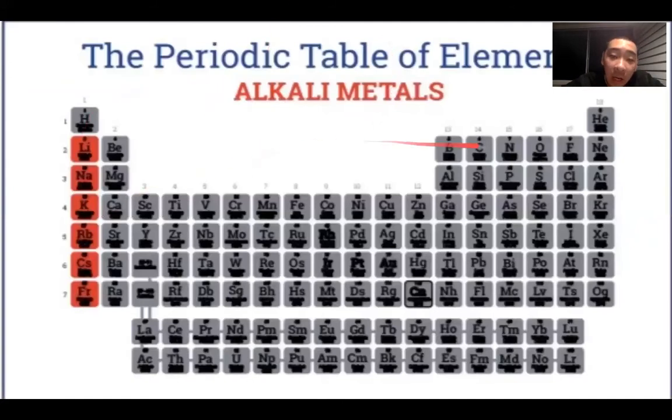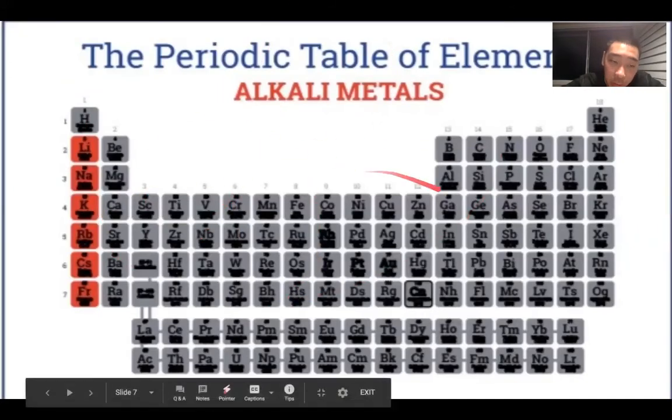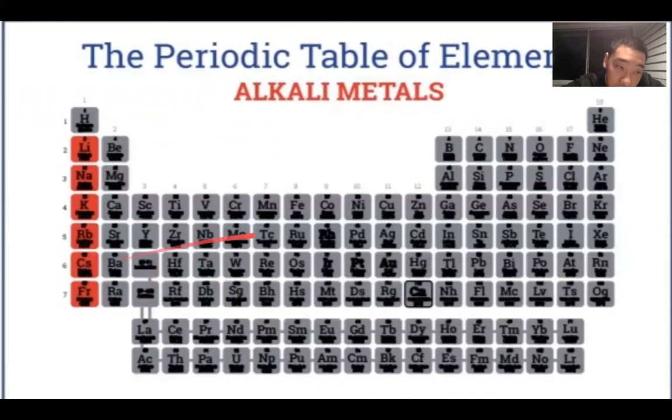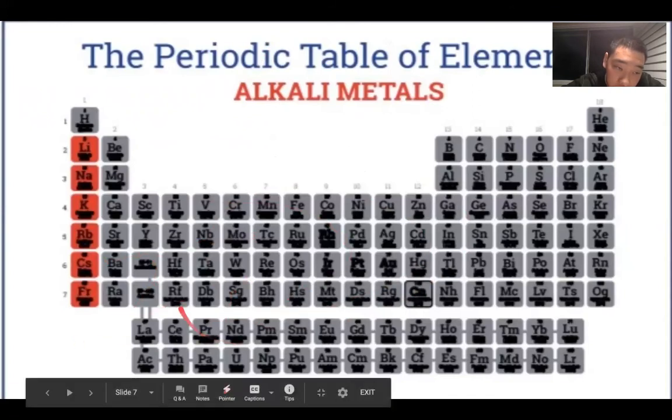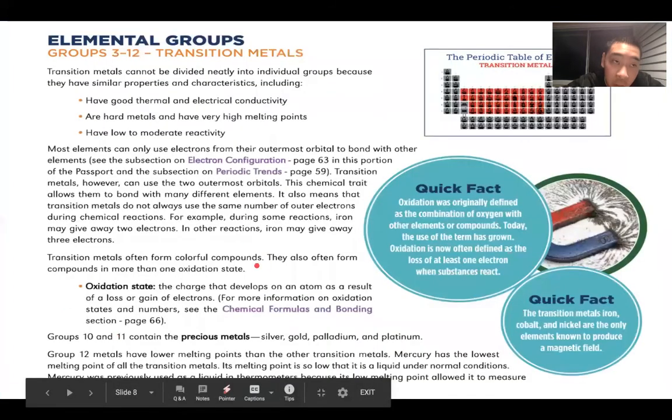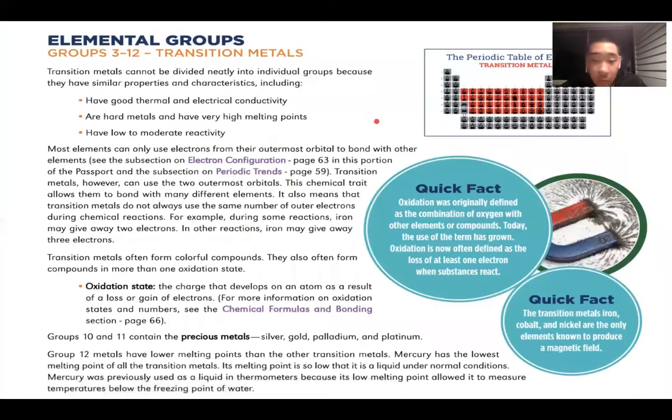Now, this is a quick periodic table of elements, just so you guys can have a look. Okay, elemental groups. There's another group of things called transition metals. So transition metals are basically not that reactive any longer.